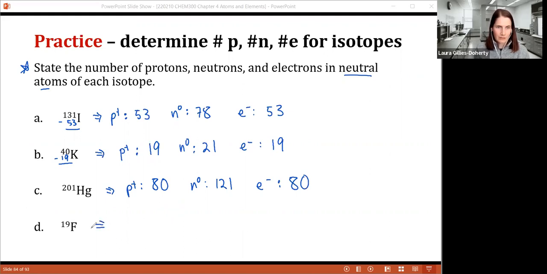And last one, we have fluorine-19. So all fluorine atoms have 9 protons by definition. So to figure out the number of neutrons, we take the mass number minus 9 gives us 10 neutrons. And this is a neutral atom of fluorine. There's no charge listed, so it must have 9 electrons as well.